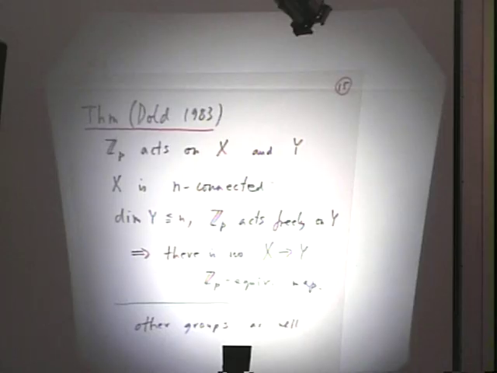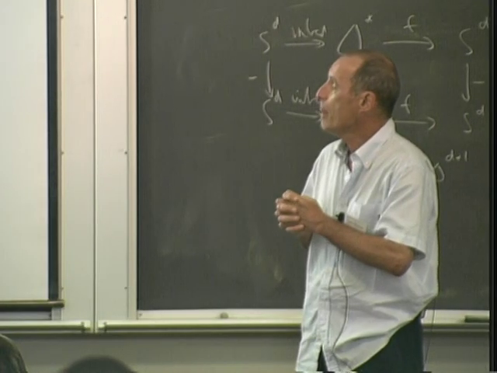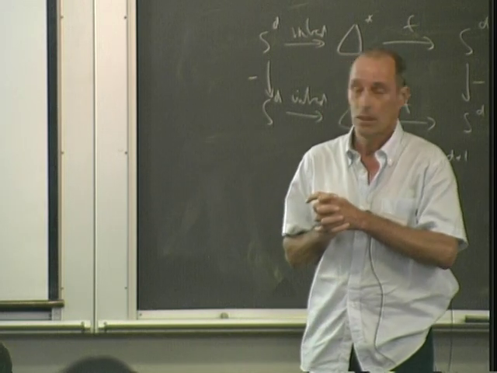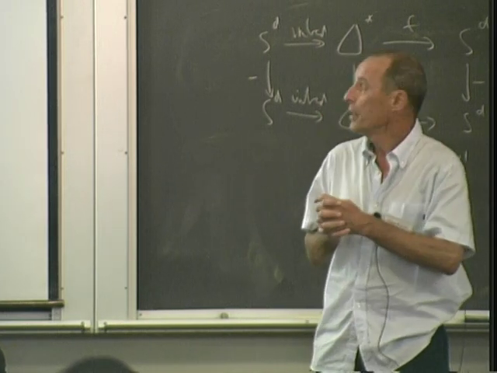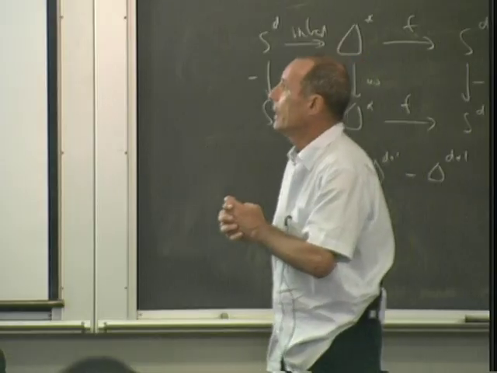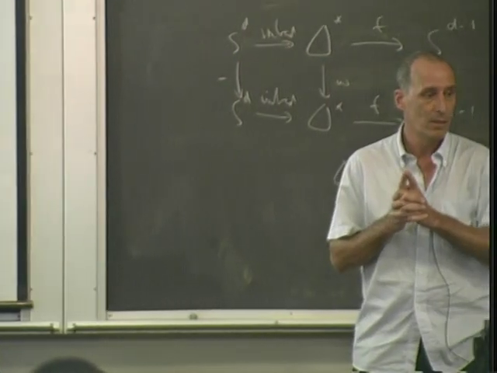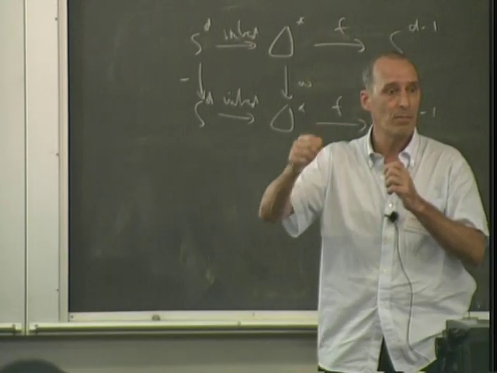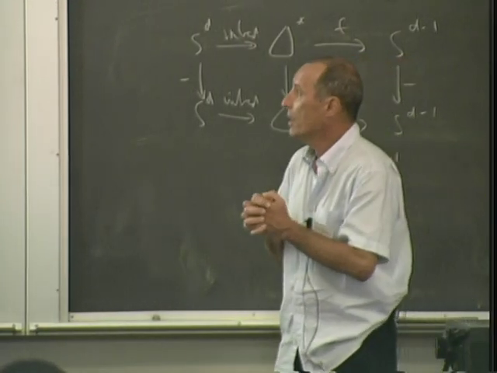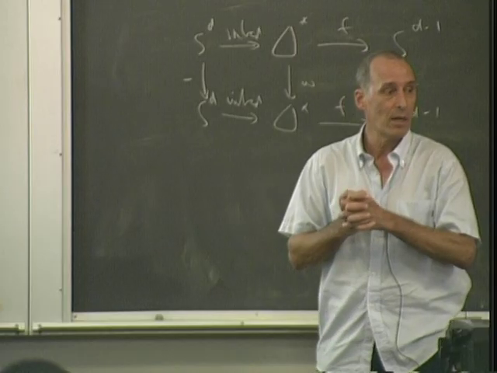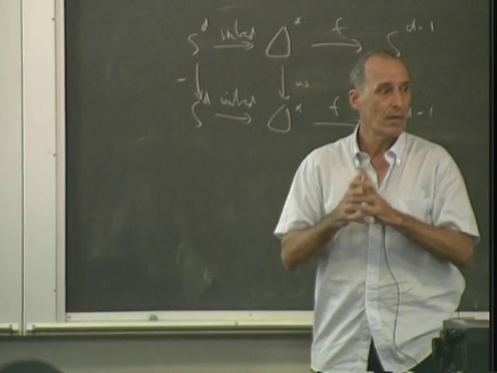If a group acts on X and Y, X is highly connected, the dimension of Y is at most n, and the action of Z_p on Y is free, so each orbit is of length p, then there is no X to Y equivariant map.